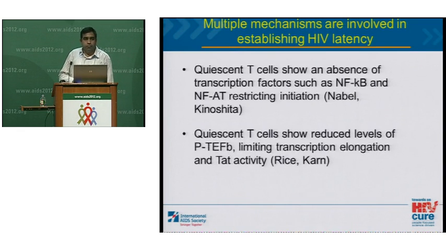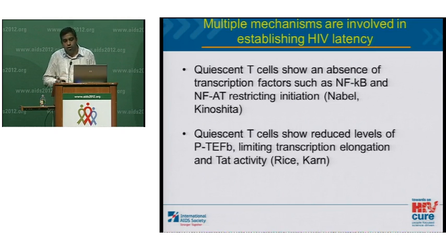So these two major mechanisms describe HIV latency due to a defect in either the initiation or the elongation phase of transcription, due to a lack of some important transcription factors in quiescent T cells, and therefore the virus is unable to do its transcription and becomes transcriptionally silent and latent.